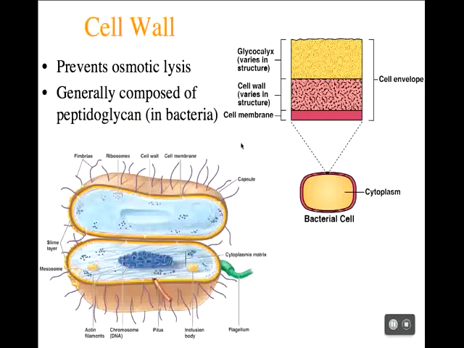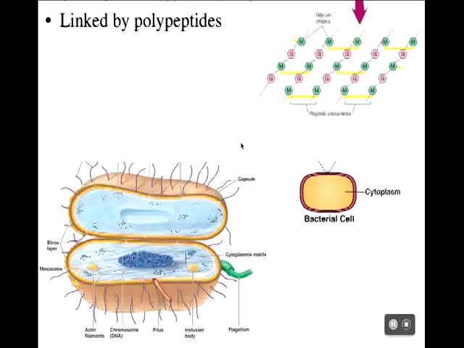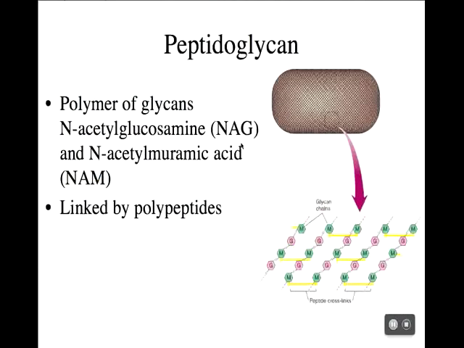Almost all prokaryotes have a cell wall of some sort, and in bacteria, it's almost always peptidoglycan. So what is peptidoglycan? Let's look at this structure of what makes peptidoglycan. Peptidoglycan is a polymer of glycans, which are a type of sugar, a type of carbohydrate. Two different glycans together and alternating in these strings. So here we have N-acetylglucosamine, or NAG, and N-acetylmuramic acid, or NAM.